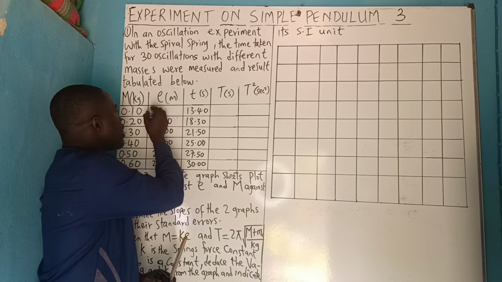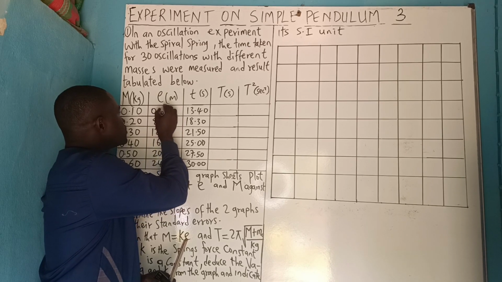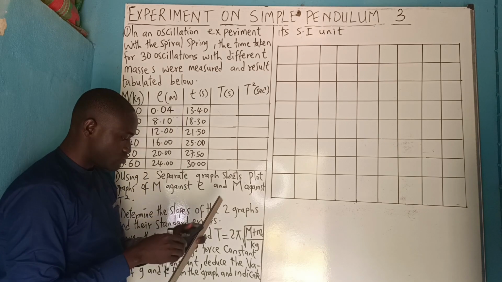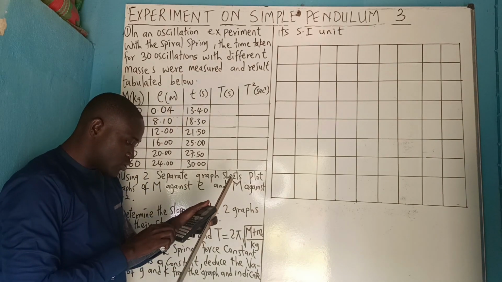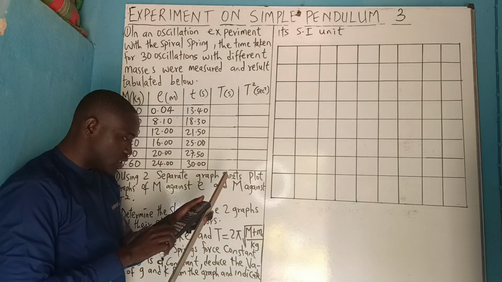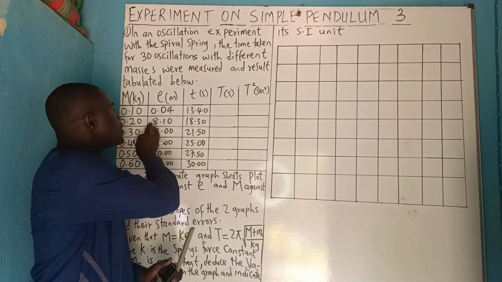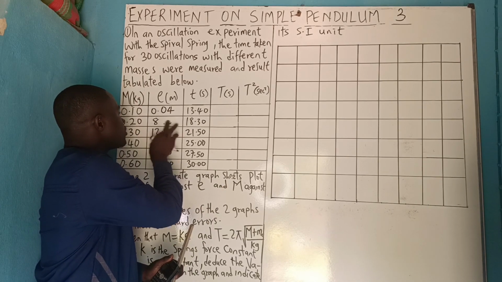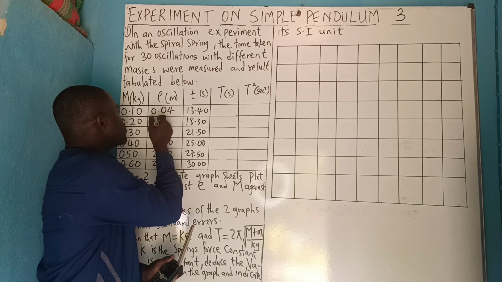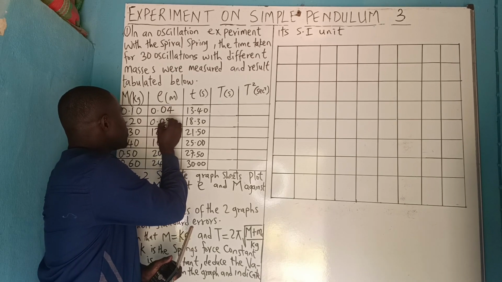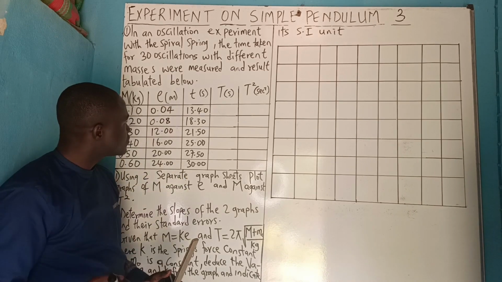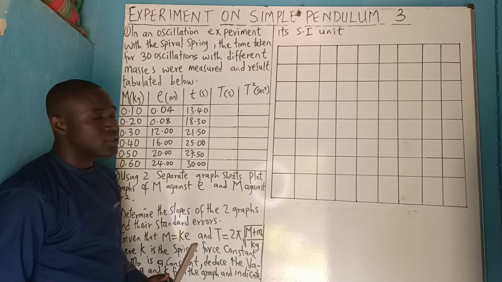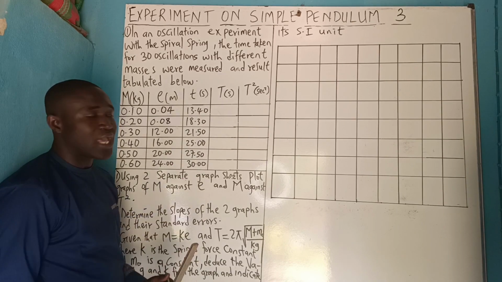4.1 divided by 100 is equal to 0.04. 8.1 divided by 100, you have it to be 0.08. We are changing it to meter so that everything will be in SI units.